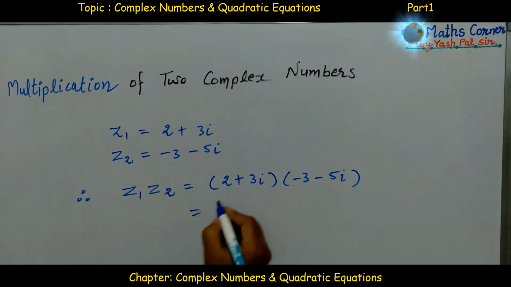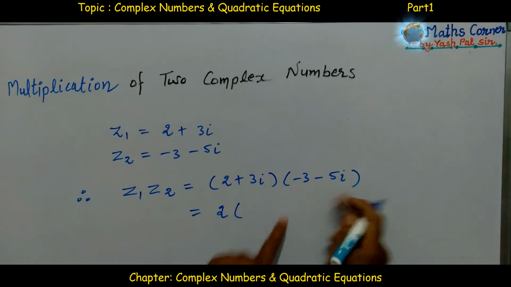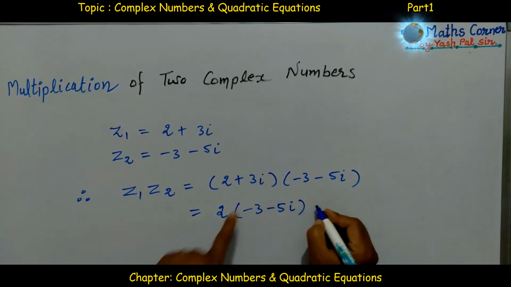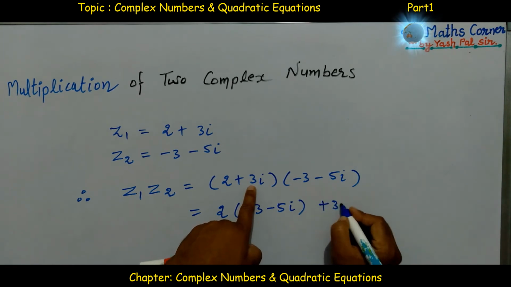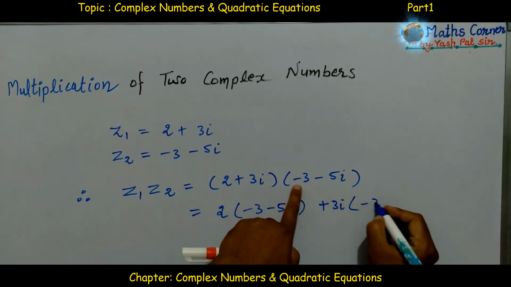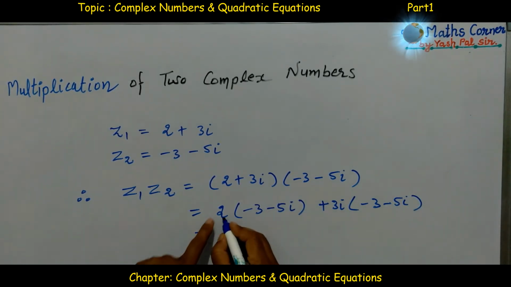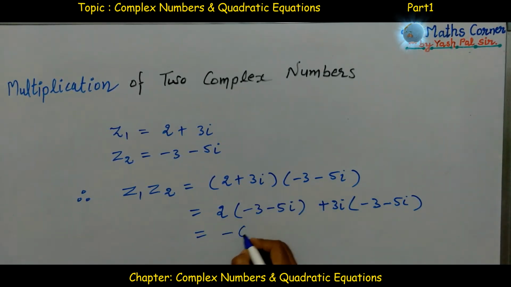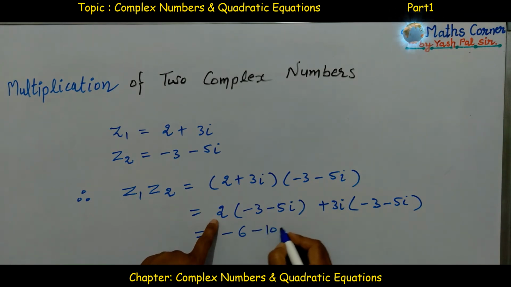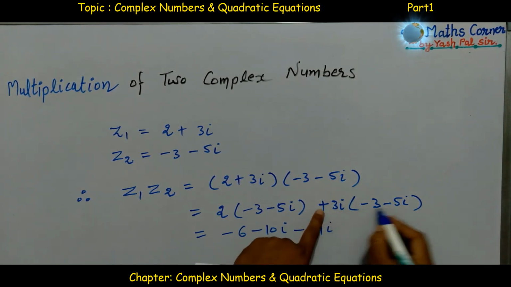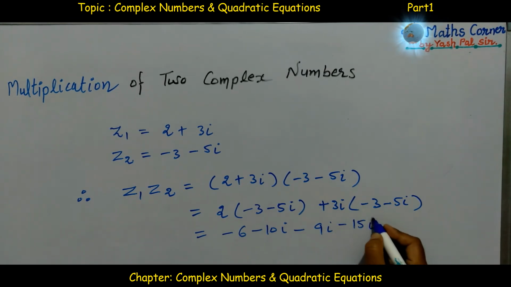First of all we take this 2 and multiply with the second bracket, minus 3 minus 5 iota. Next number is plus 3 iota into minus 3 minus 5 iota. So finally we have 2 into minus 3 is minus 6, minus 10 iota, minus 9 iota, minus 15 iota square.